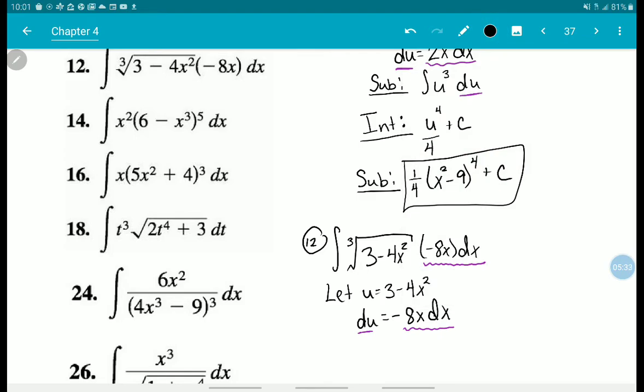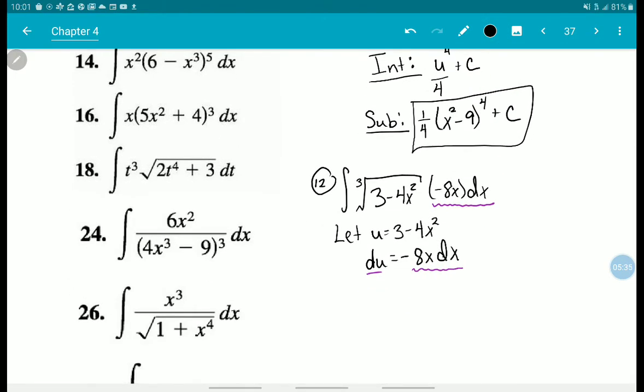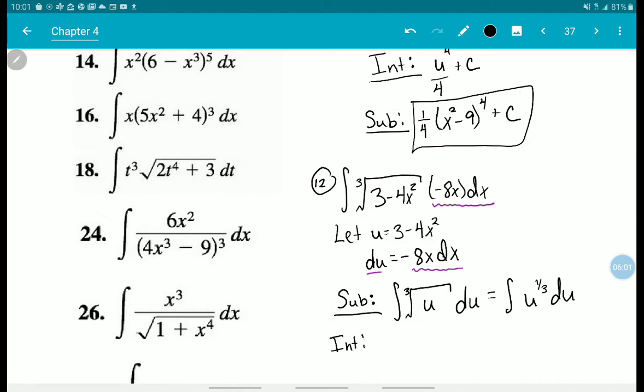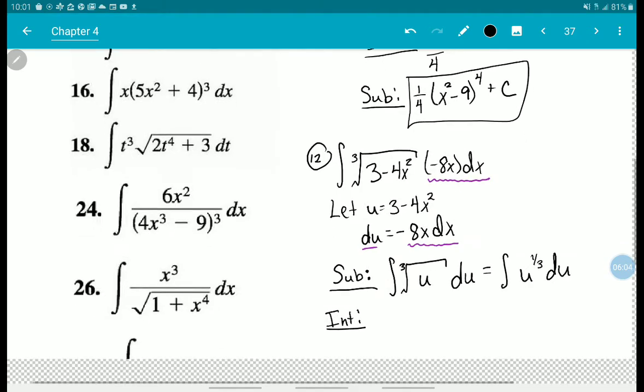So then when we do our substitution, we are integrating the cube root of u with respect to u. But remember, we need to rewrite that as u to the 1/3 times du. You have to have something here so you know what you're integrating with respect to. So it's got to be a dx, a du, a d something.